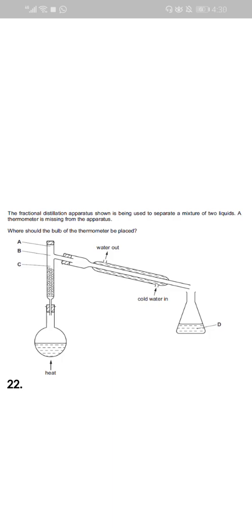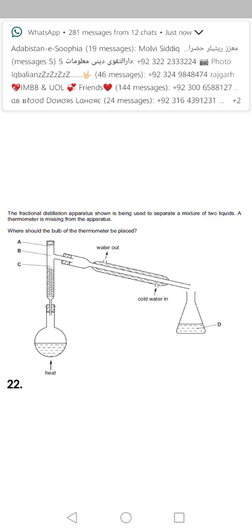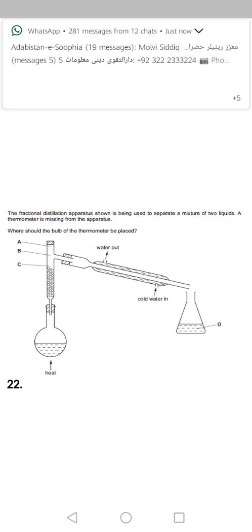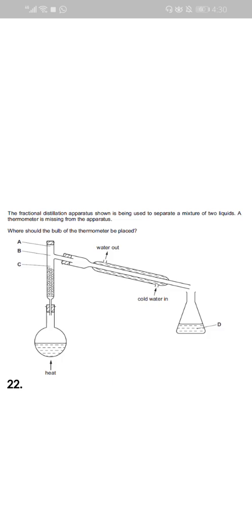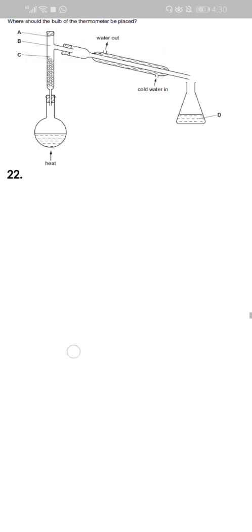And point C is very low. Maybe it has a higher temperature, or traces of water molecules may be present, which may be detected by the thermometer. So B is the position where the thermometer bulb should be placed.